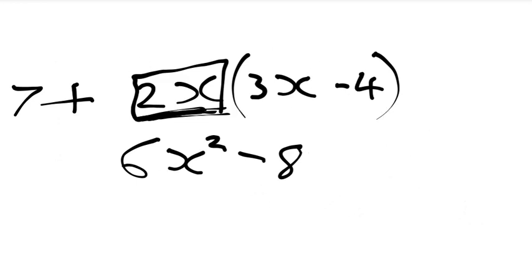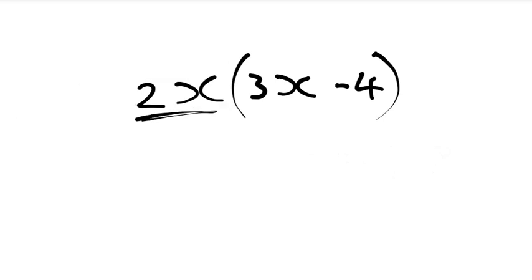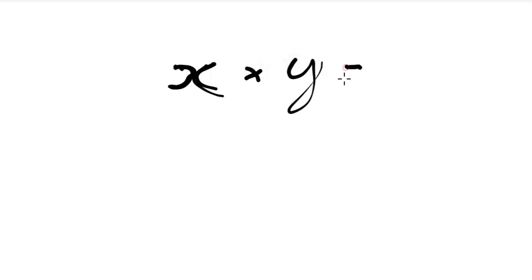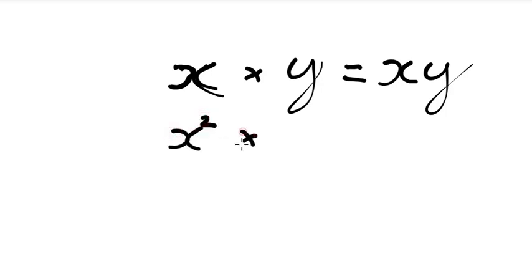Now, x times another variable, let's say y, would be xy. You could have x squared times y, and that would just be x squared y.